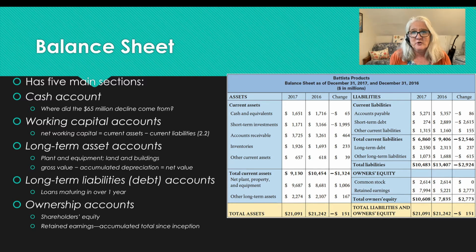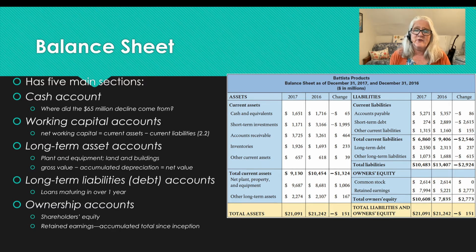You've got your long-term liability accounts over on the liabilities side, and then all the assets that are not paid for by liabilities were earned by owner's equity. So our owner's equity accounts, there's common stock, or contributed capital. These are the value of the investment that owners made in the company.